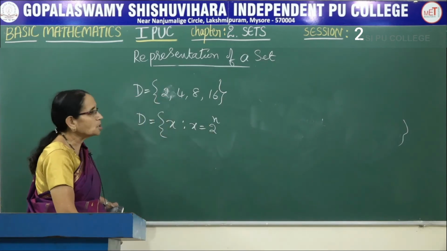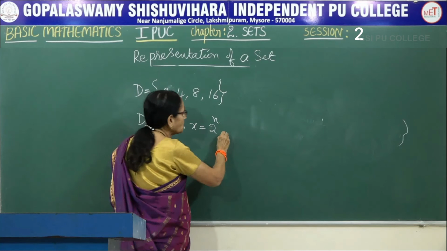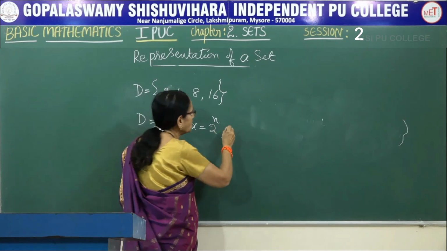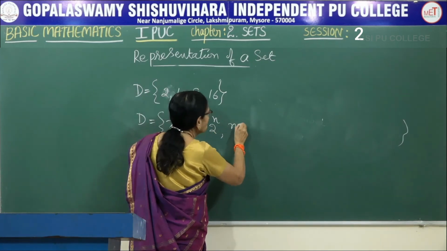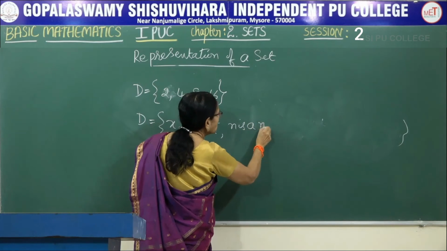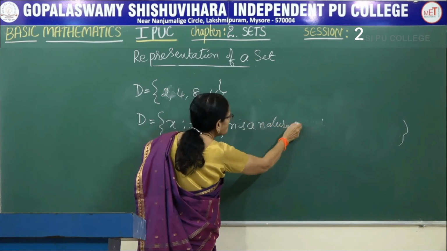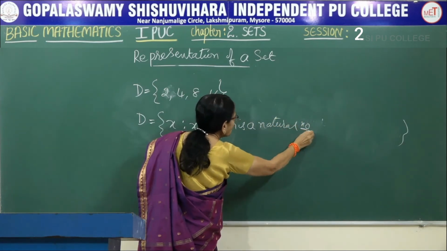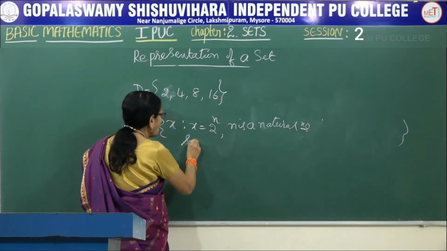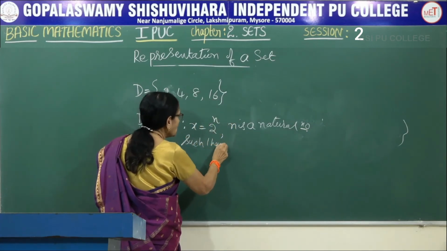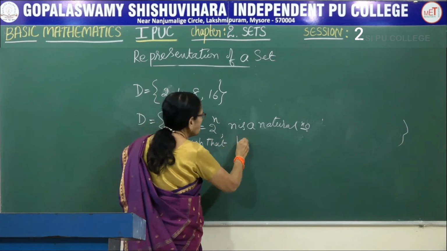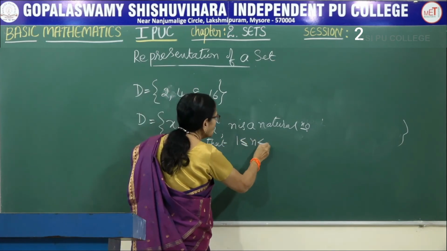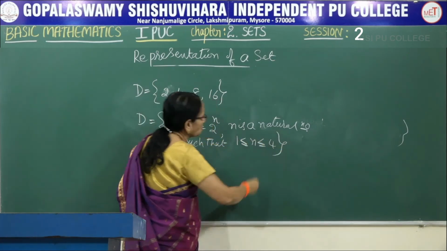And what is n here? n is a natural number such that 1 is less than or equal to n, less than or equal to 4.